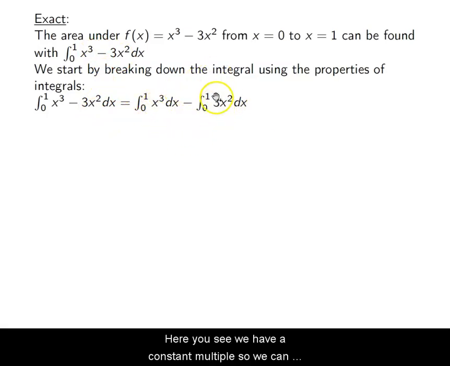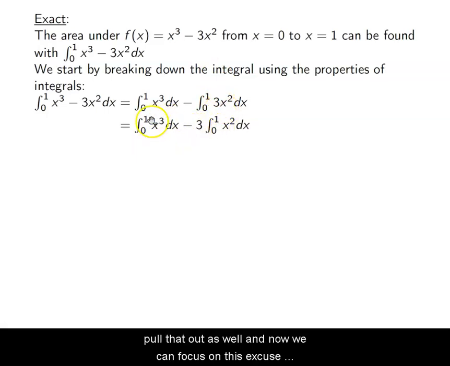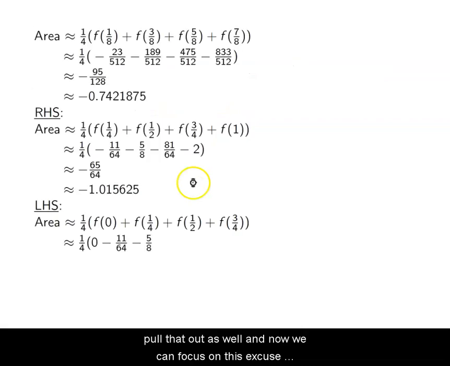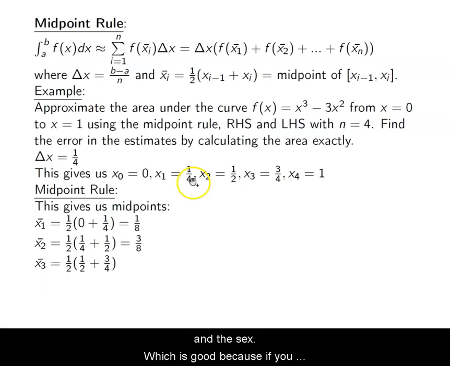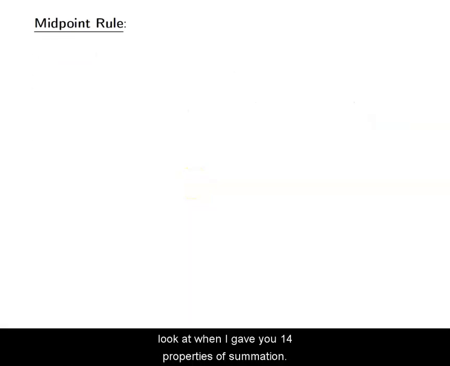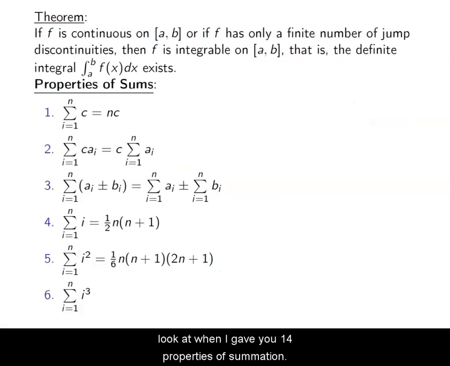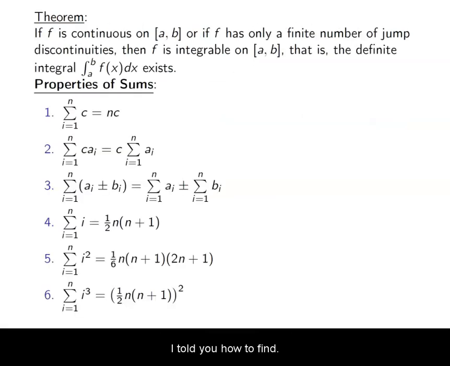Here you see we have a constant multiple, so we can pull that out as well. And now we can focus on this x cubed and this x squared, which is good because at what I gave you way in the beginning for properties of summations, I told you how to find the sum of i squared, where that's our index, and the sum of i cubed, and a closed form formula for those.